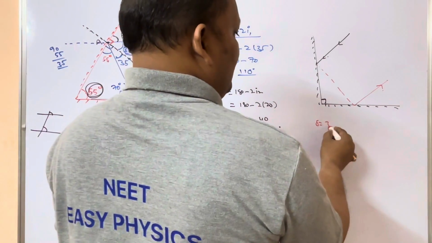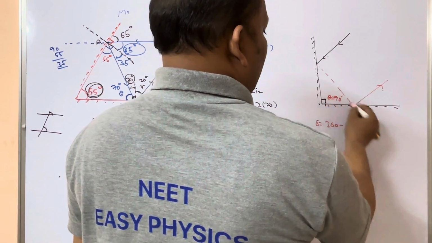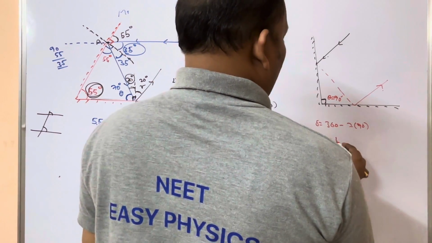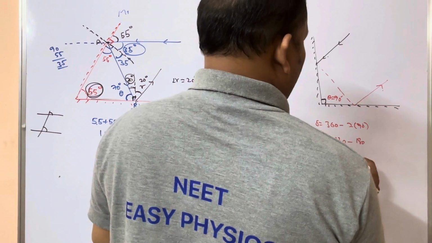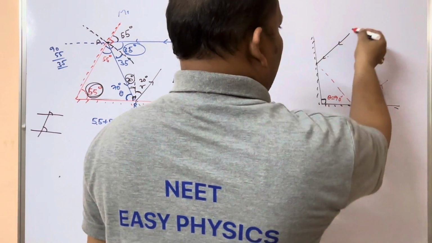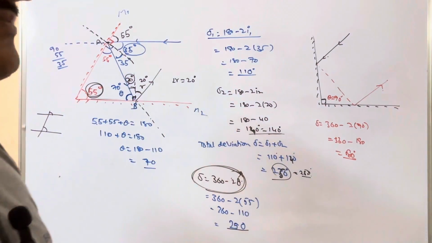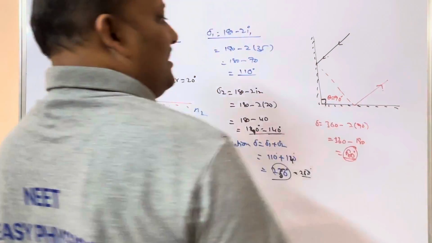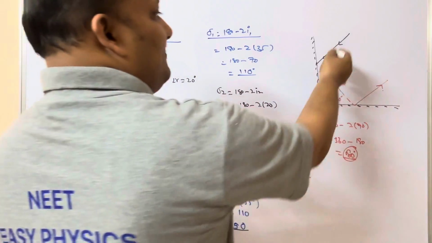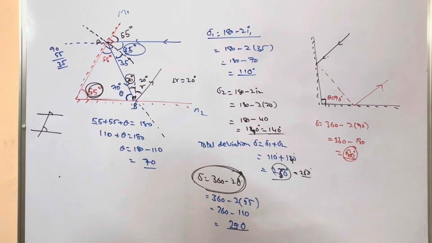So total deviation is nothing but 360 minus 2 times theta, which is here 90 degrees. Therefore, 360 minus 180, so 180 degrees. So if it is incident exactly, it is going to be reflected at 180 degrees, which means quite opposite. This is possible whenever these two plane mirrors are making 90 degrees.